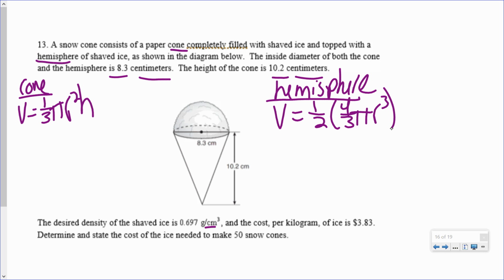Again, right now you're doing the calculation for the volume. Don't forget, for the radius, you have to cut the diameter in half.